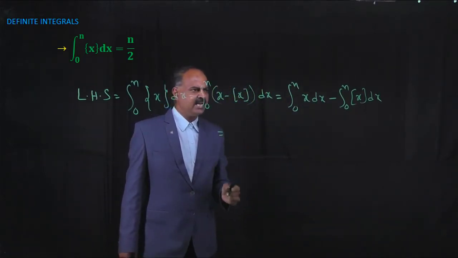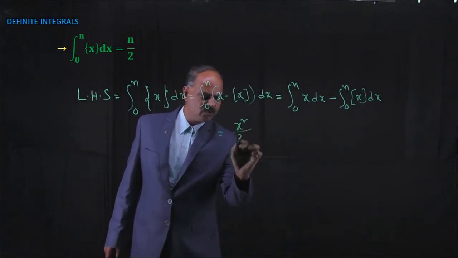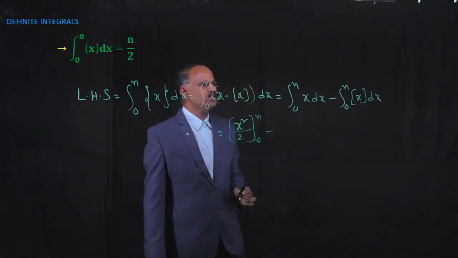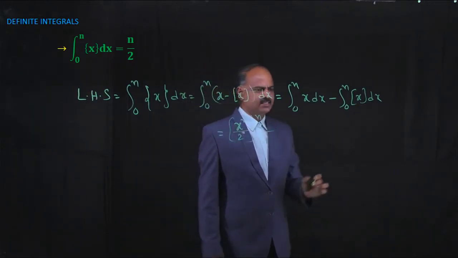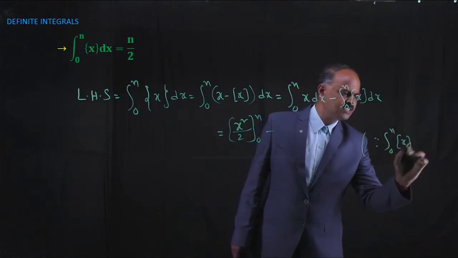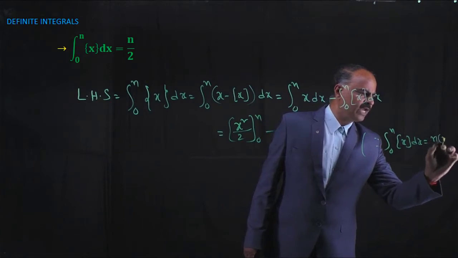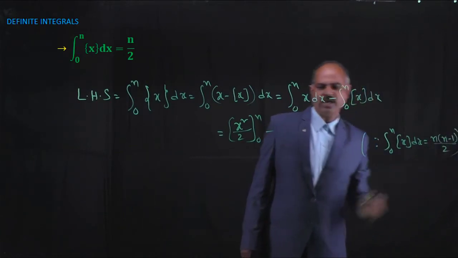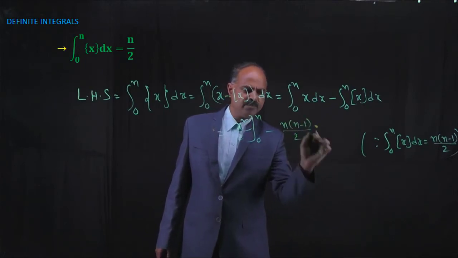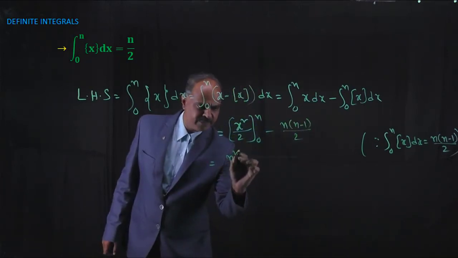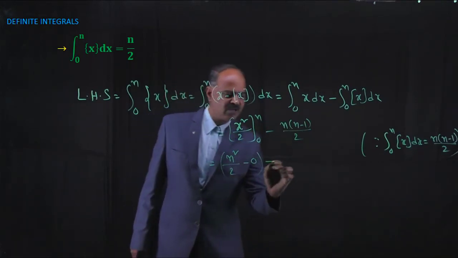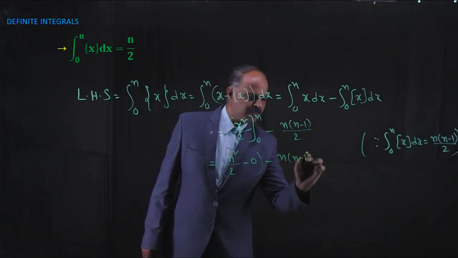We know that the integral of x dx equals x squared by 2, with limits 0 to n, minus the integral from 0 to n of [x] dx. Since the integral from 0 to n of [x] dx is equal to n(n-1)/2, substitute the upper limit in place of x, that is n squared by 2, minus the substitution of the lower limit, minus n(n-1)/2.